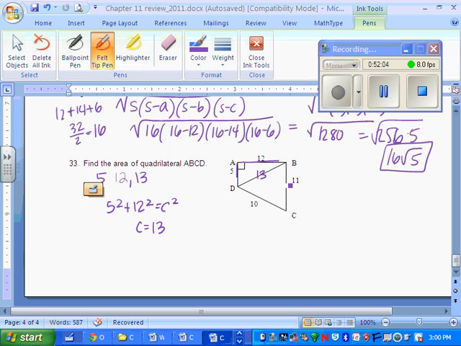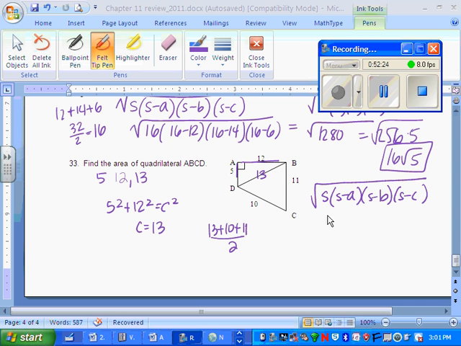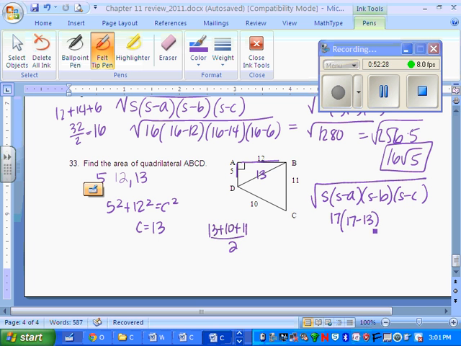So, if I know that, I can go ahead and do, again, Heron's formula. Semiperimeter times semiperimeter minus A, semiperimeter minus B, semiperimeter minus C. Add them all up. So I'm going to get semiperimeter 13 plus 10 plus 11 divided by 2, which is 17. 17 times 17 minus 13, 17 minus 11, and 17 minus 10. 17 times 4 times 6 times 7.